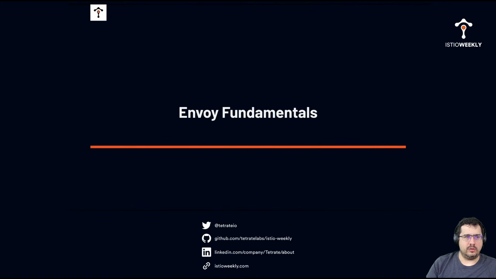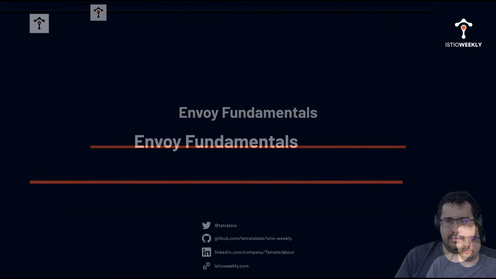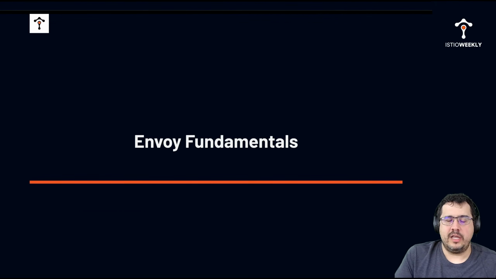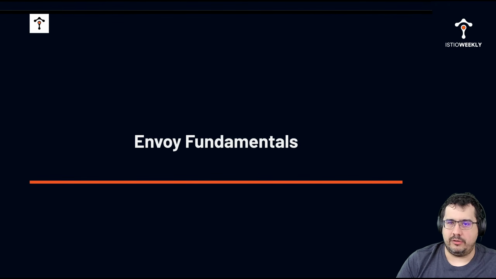All right, so let's start with today's topic, which is Envoy fundamentals. So let me switch to this screen, and let's get started. So Envoy is the engine that keeps Istio running. The collection of all the Envoy proxy instances in the service mesh is also referred to as the data plane.